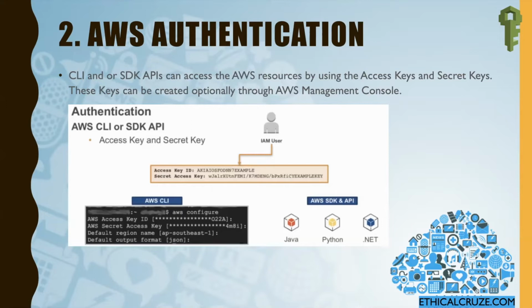When we log into the Management Console and create an IAM user or service roles, we can also create the access keys for that. So users or resources and applications can access these AWS resources and services using those access keys and secret keys.